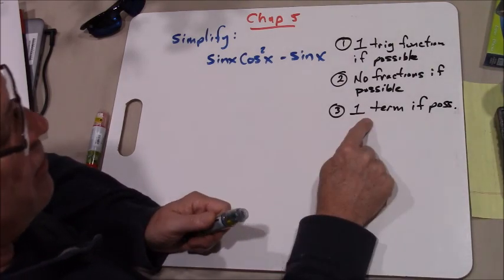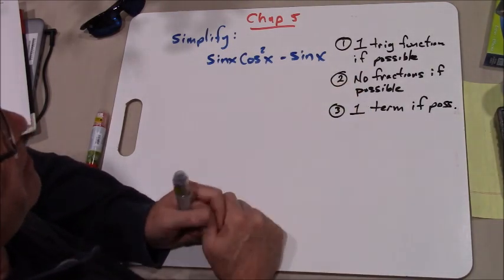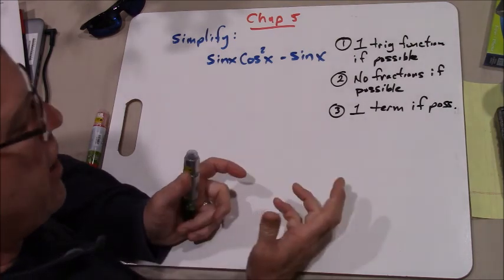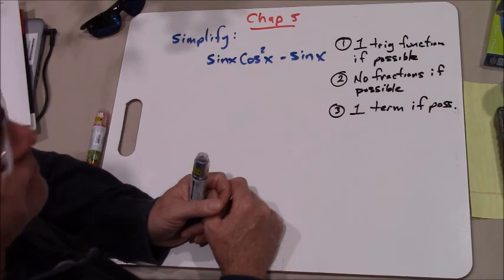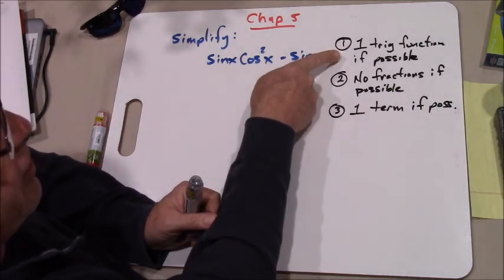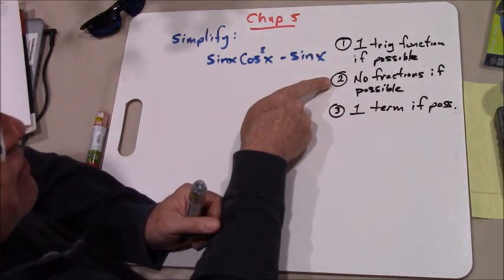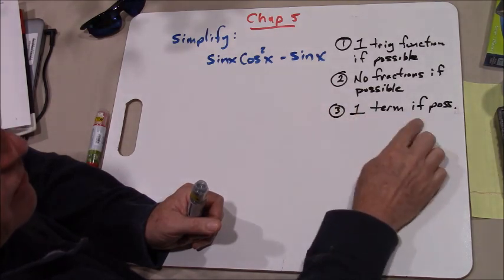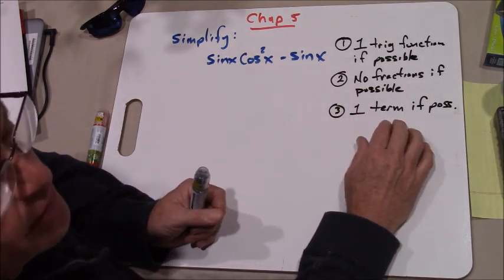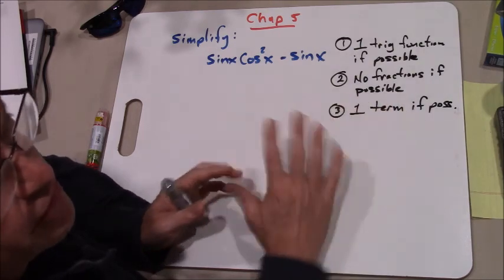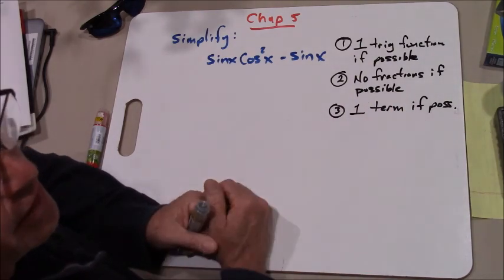But if we can, we want to try and make these three things happen. I always say if you can't make all three of them happen, make as many as possible. Maybe I can get one trig function and no fractions, but for some reason I just can't get down to one term. Maybe that's like sine squared of x plus sine of x. Those are all sine functions, but I can't get it to just a single term.